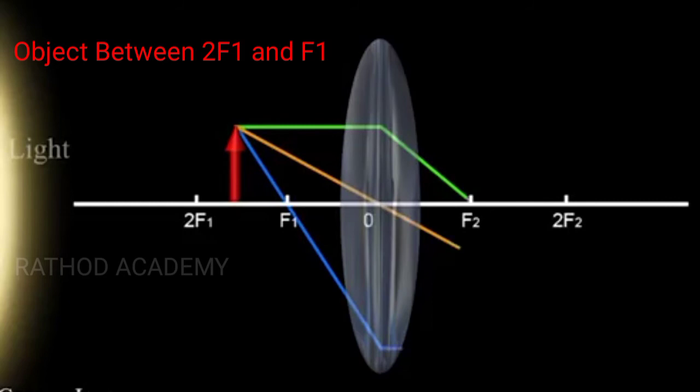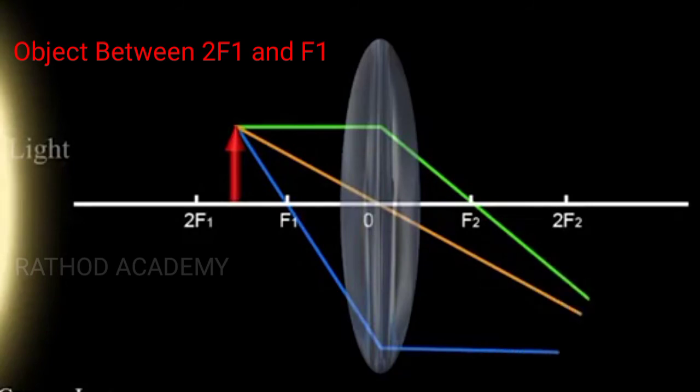Let us observe how these rays form the image. These three rays will intersect at a point, and at that point the image will form. So here you will find these three rays meet beyond 2f2, and the image forms here.